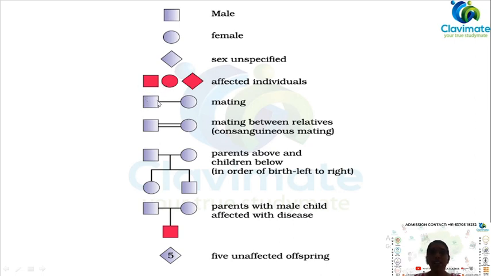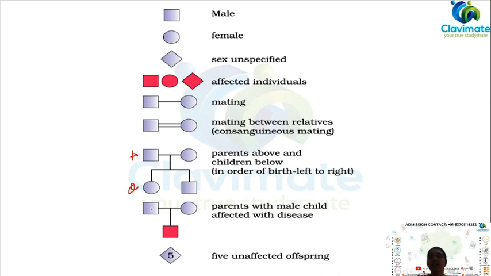A single dash is a mating, and a double dash is mating between relatives, also called consanguineous mating. And if there is a branch with two more symbols below, these are parents and these are offspring.